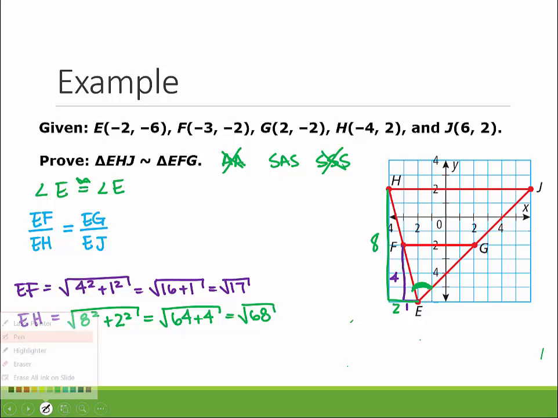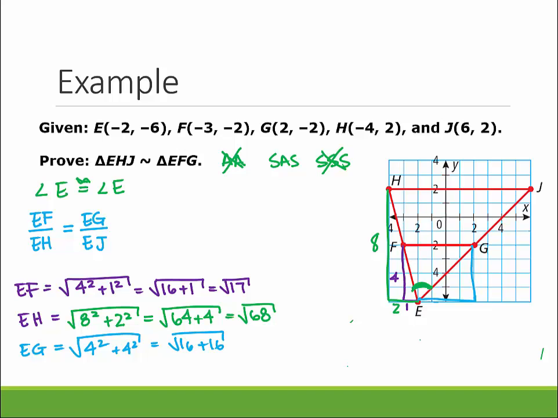And then we have to do the same thing for the other two sides. So EG: down 1, 2, 3, 4, over 1, 2, 3, 4. So this is 16 plus 16, or the square root of 32.